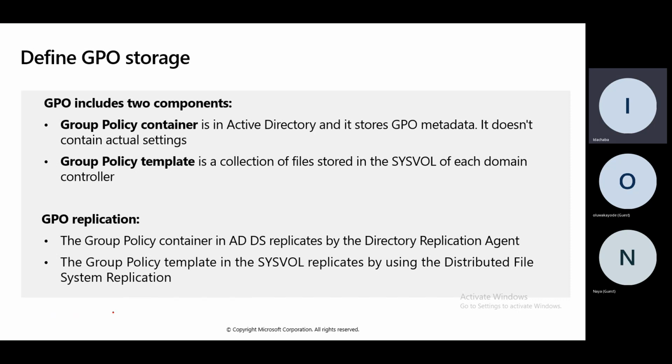So GPO includes two components. You understand? I hope you are writing. The first is the group policy container. The container serves like a storage, where all those policies you are creating are kept.